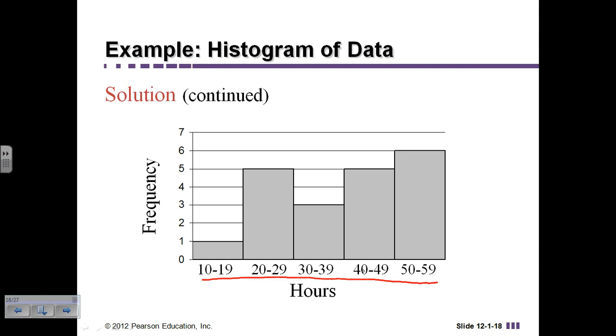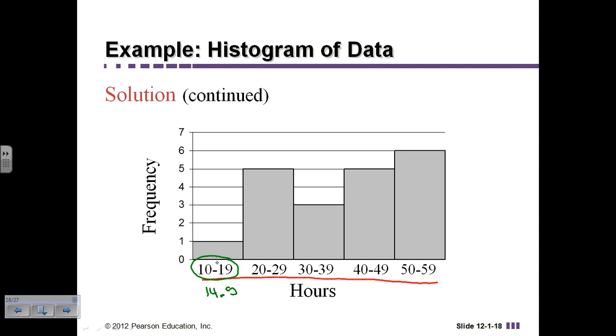Now, in some cases, what you will see across the bottom is not the numbers 10, 19, 20, 29, but what you might possibly see down here, instead of 10 and 19, you might see something that they call the average of those two numbers, which would be 14.5.